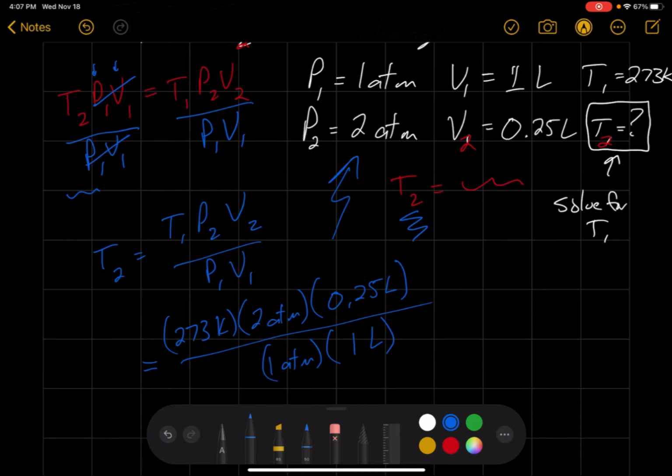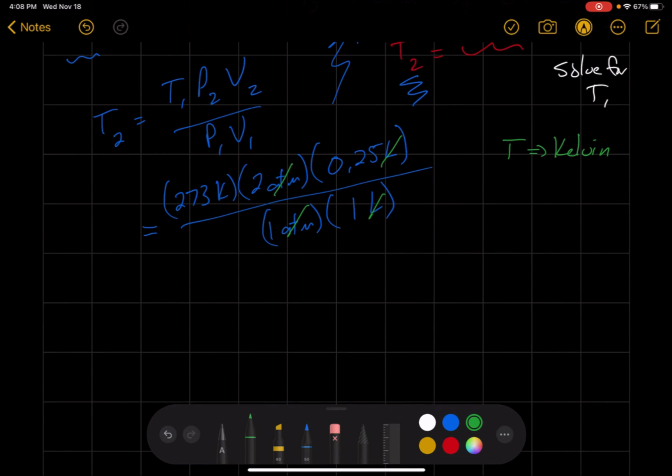Now, in any type of calculation that you do for Chapter 11, whether it is the combined gas law or Charles's law or the ideal gas equation, temperature always needs to be in Kelvin. Now this problem I made up, I just chose Kelvins to make it convenient. And then the other units, so for the combined gas law, as long as the pressures are the same and the volumes are the same so that they can cancel out in the problem, you're fine.